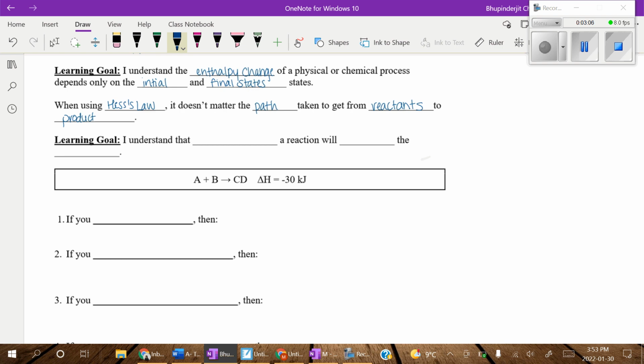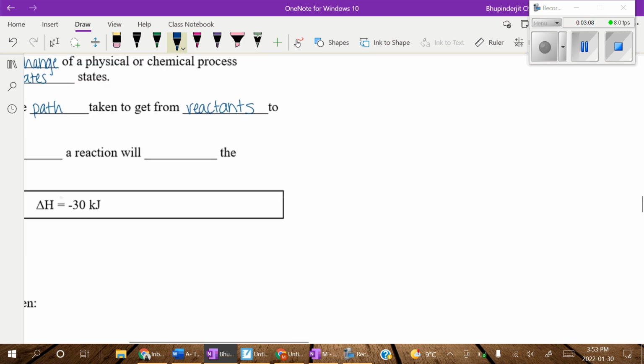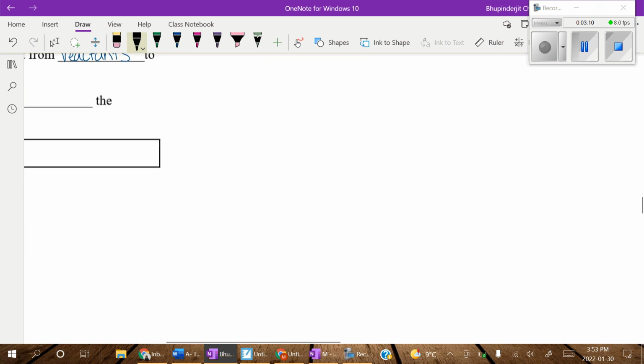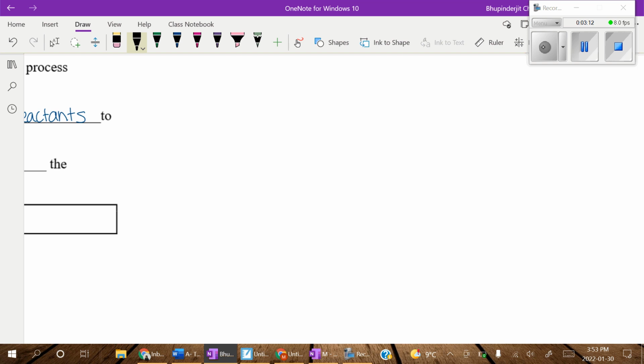I should have had a bit more space here for a diagram, so I'm just going to draw it off to the side here. Let's say we want to go from A to B. This is my initial state, and this is my final state. Now let's say we took a different way. We took the scenic route.